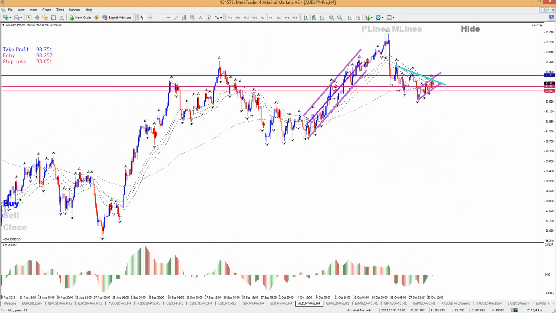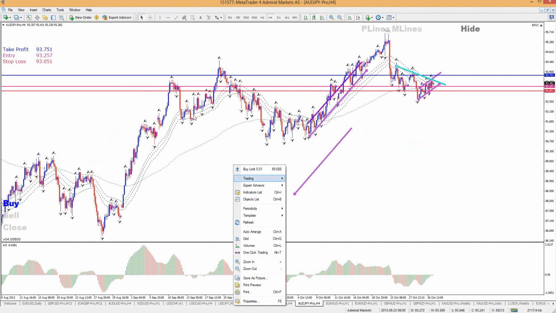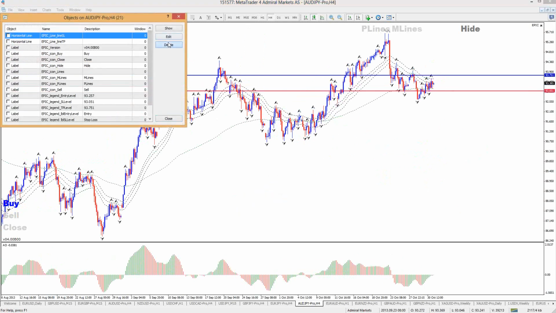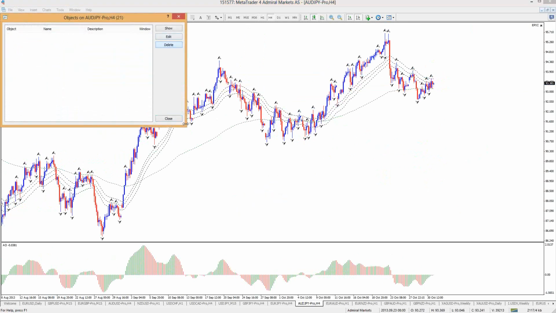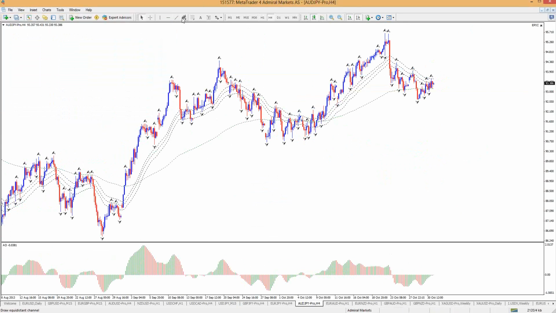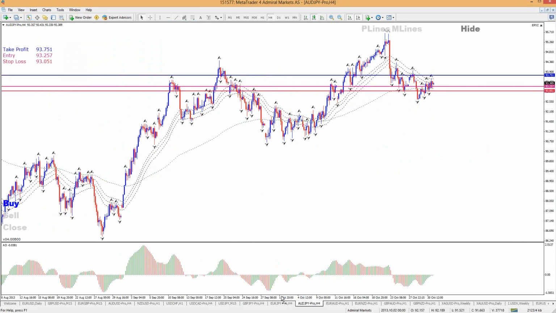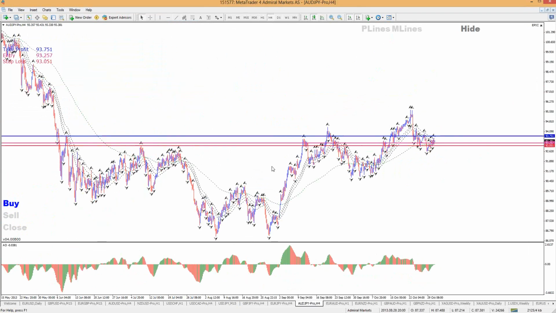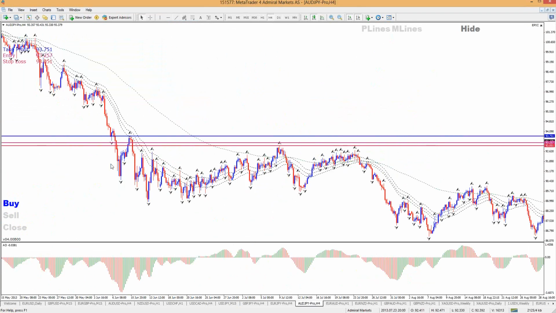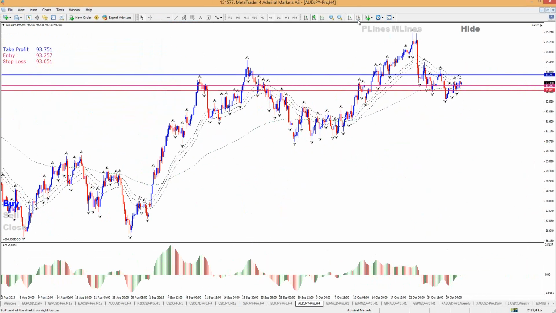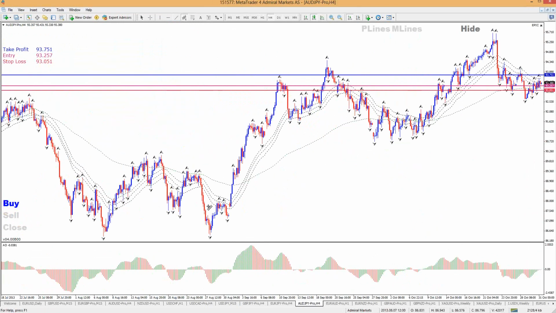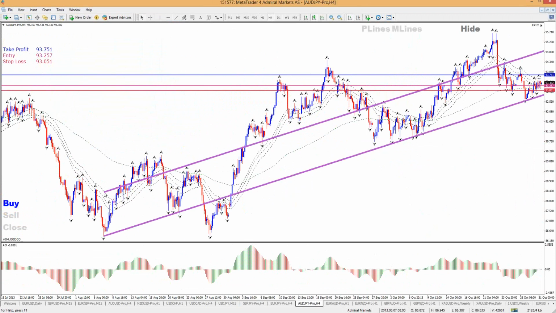From a 4-hour perspective, let me get rid of these lines, one second. We could be at the bottom of the trend channel like this. This is what I want to show you.